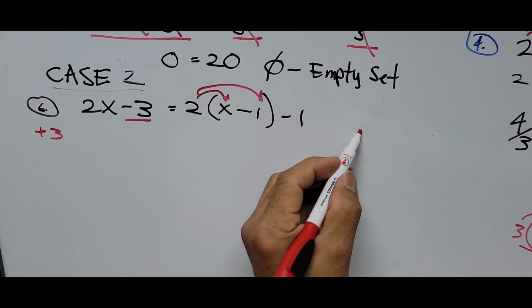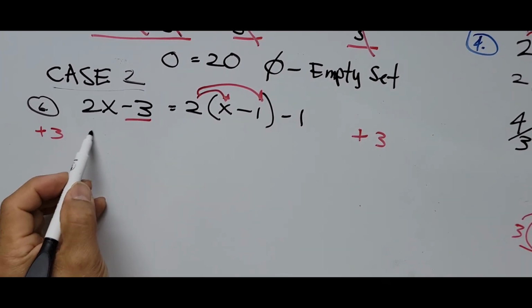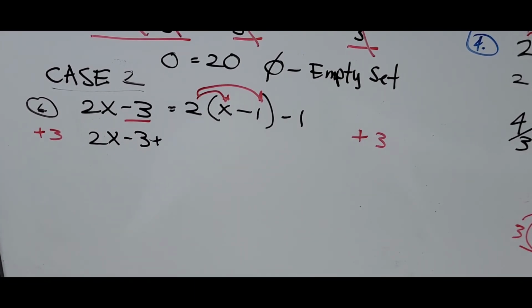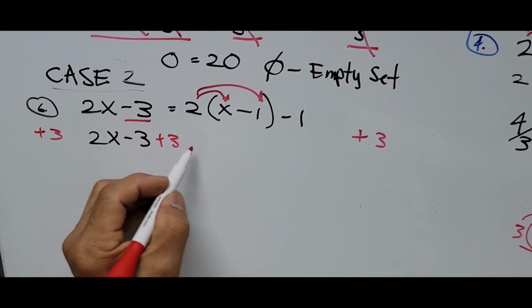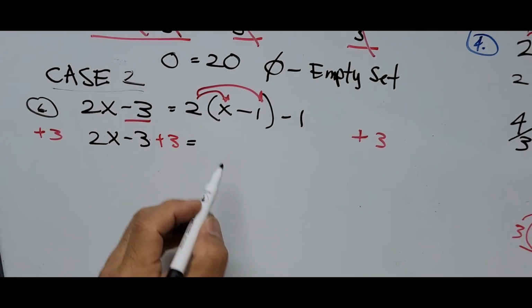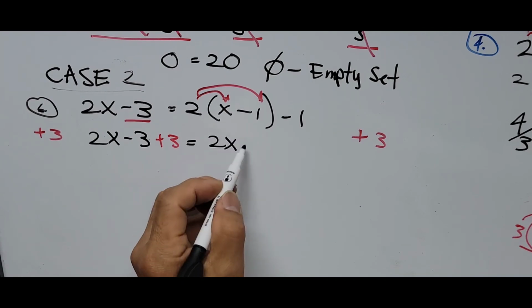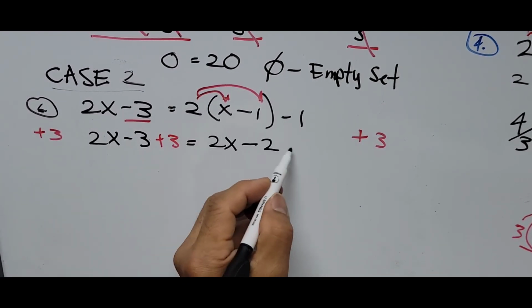You get the same on this side, now it has a plus 3 right there. So 2x minus 3 plus 3 equals 2 times x is 2x minus 2, minus 2 times 1 is 2, minus 1.